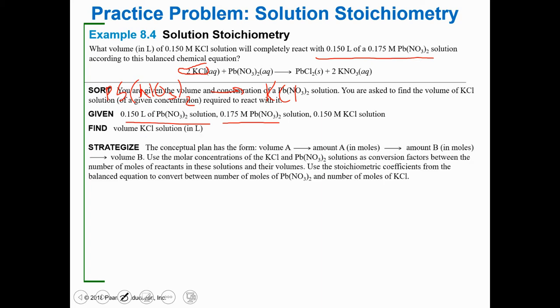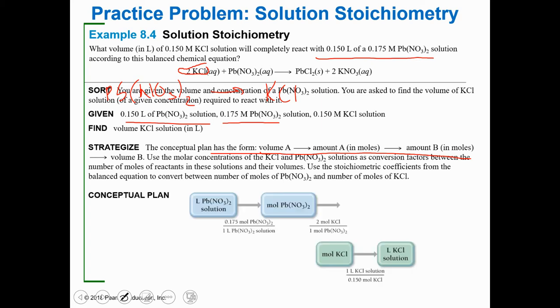Putting our strategy out there, we're going to take the conceptual plan of volume of A to moles of A, then to moles of B using the coefficients of the balanced equation, and then we're going to go to volume of B. So here's our plan.